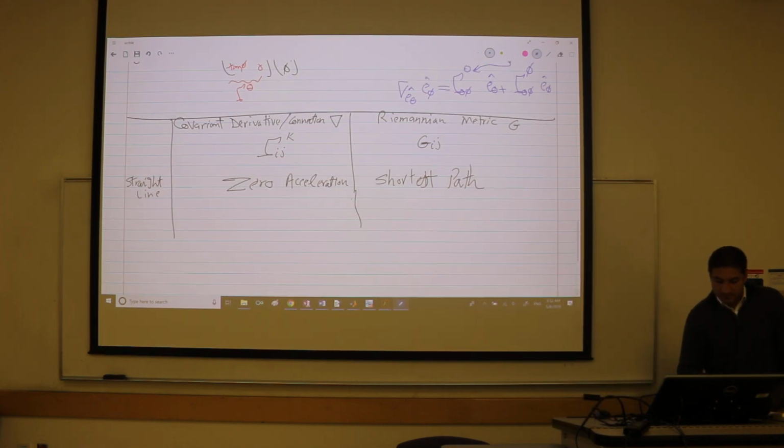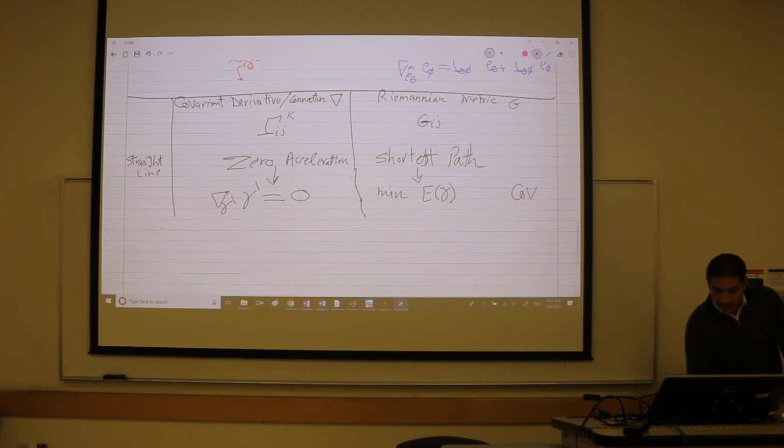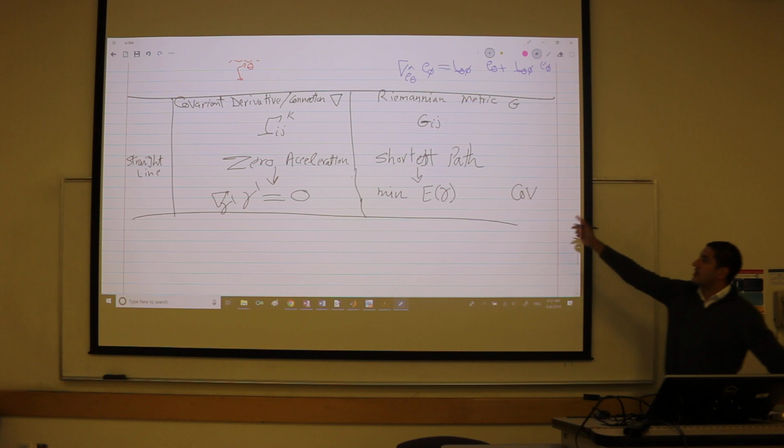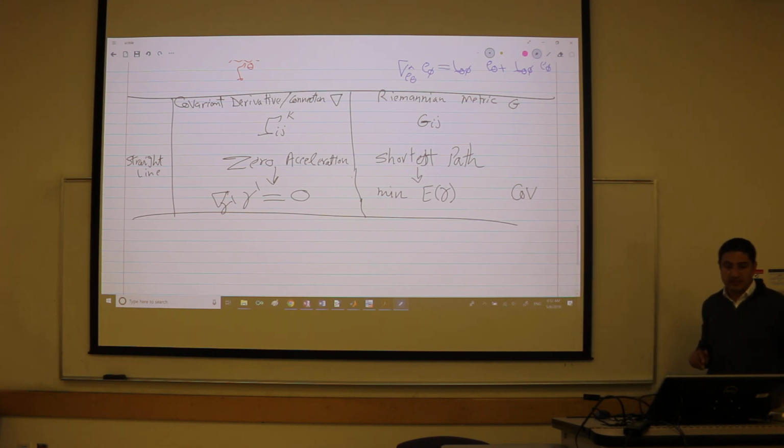Okay? So this leads to the following very famous equation, gamma prime is 0. This leads to minimization of L or E of gamma, which is a calculus of variations problem, right? So from here you get a geodesic, and from there you get a geodesic.